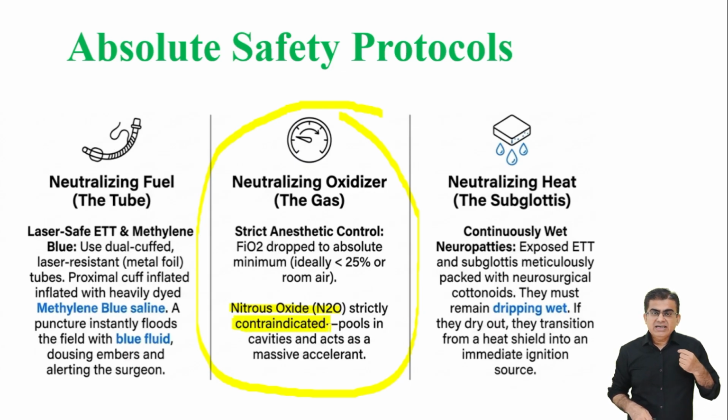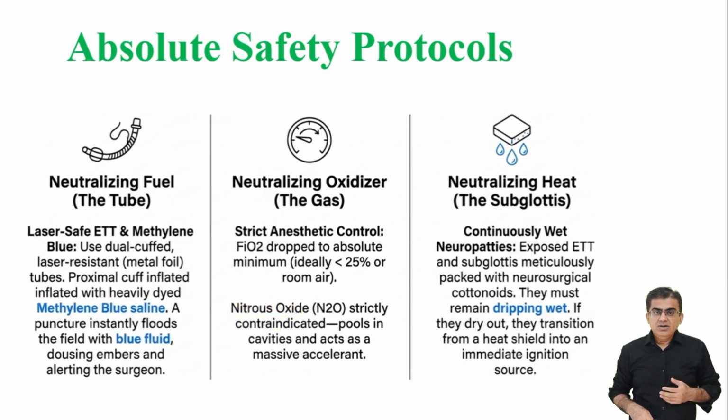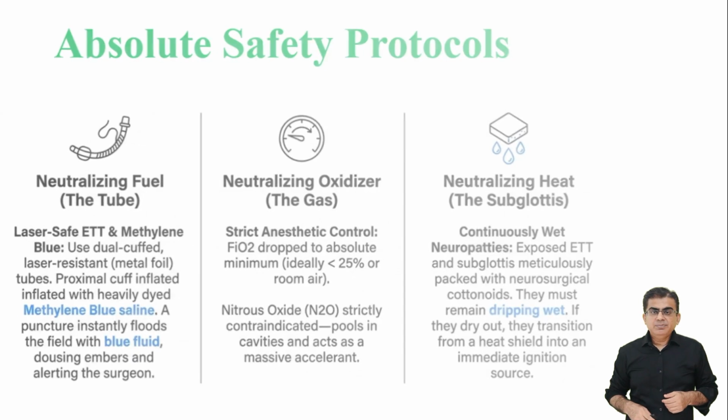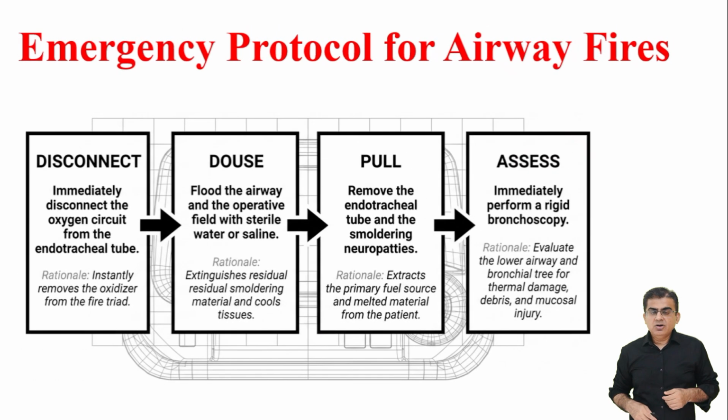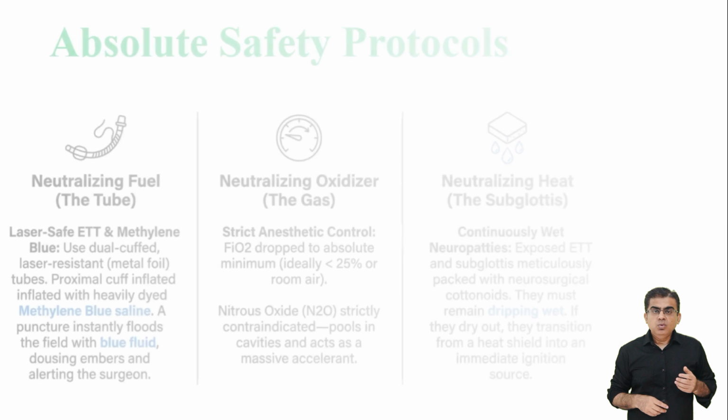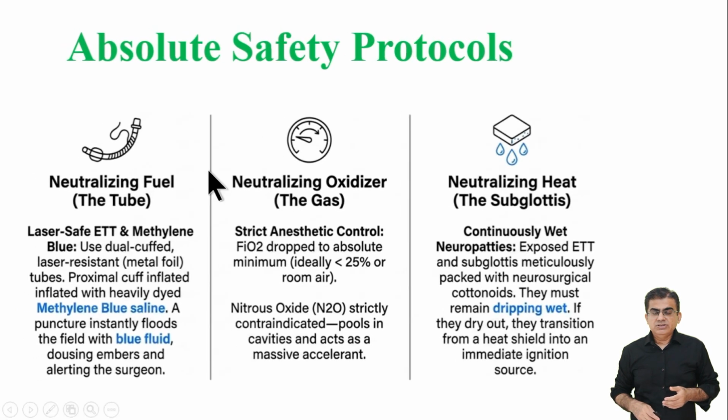Finally, we must physically protect against the extreme heat. Look at the wet sponge icon on the right side. You must actively pack the exposed tube and the subglottic area with wet neurosurgical cotton sponges. These are commonly called neuropatties.